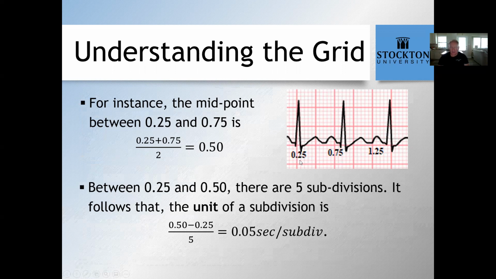So each of these subdivisions, right, is 0.05 seconds. So for instance, if I look at these two R waves, we end up with about 1, 2, 3, 4, 5, 6, 7, 8, 9, 10, 11, 12. So the time between these two peaks is 12 times 0.05. And that's how we would get the time.